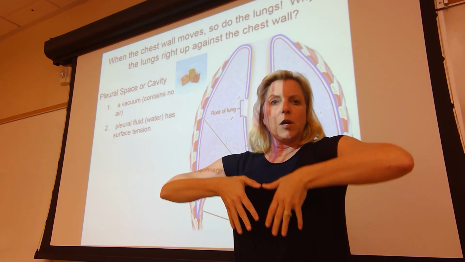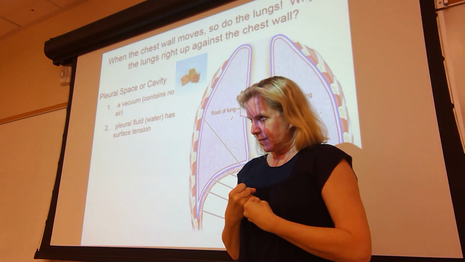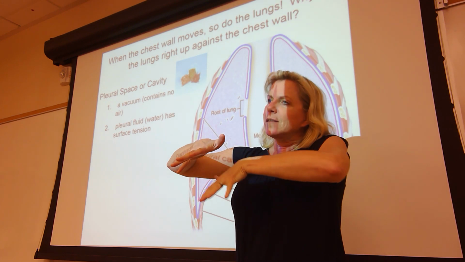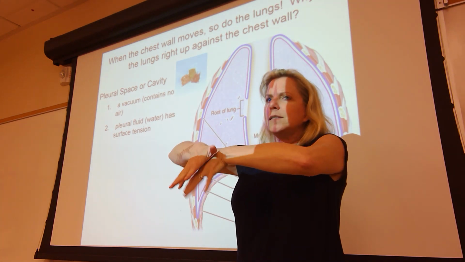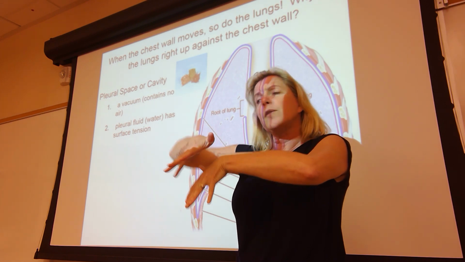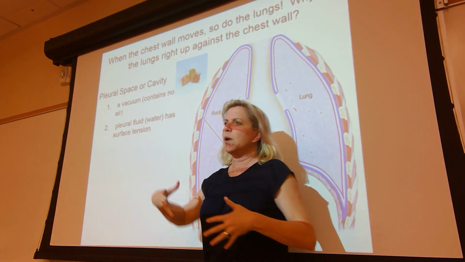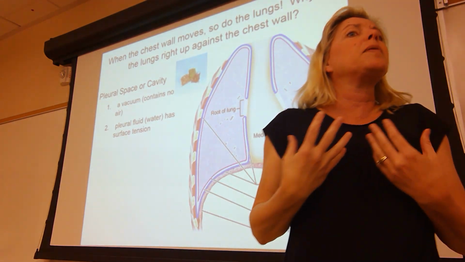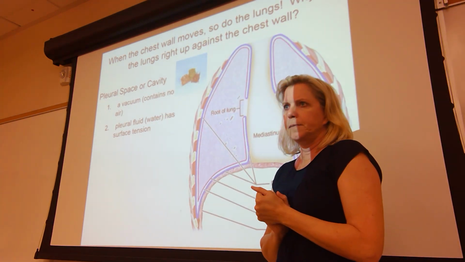So the chest wall would go out this way and the lungs would... They both want to go their separate ways. Because of this watery environment, they're tethered to each other and they're fighting. They're constantly trying to pull away from each other. That's part of the reason why we have the vacuum, a negative pressure, which helps keep the lungs tethered to the chest wall. Plus we have lymphatic drainage, which also helps with that vacuum.